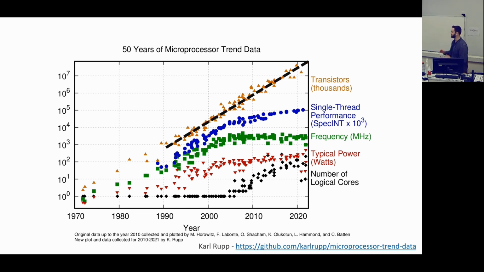Yeah, so we're still increasing the number of transistors, but what's happening is those transistors are going to create more logical cores on the same die. Instead of just having one core, which was the norm for the past 3 decades before the 2000s, most processors were just one processor per CPU die.